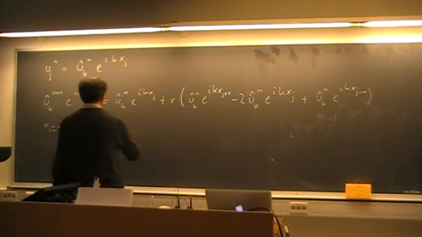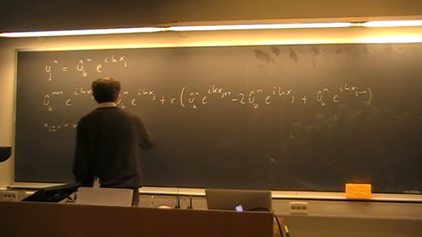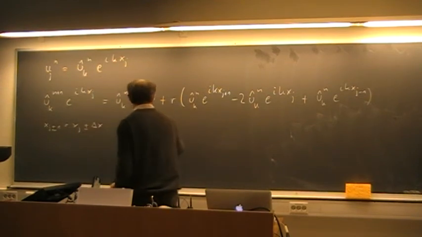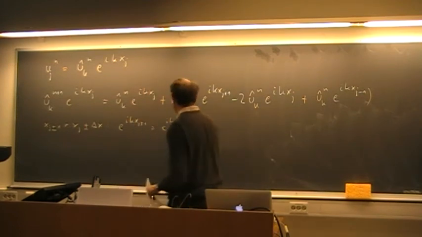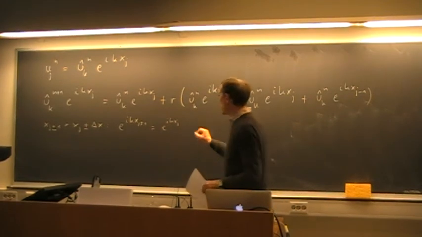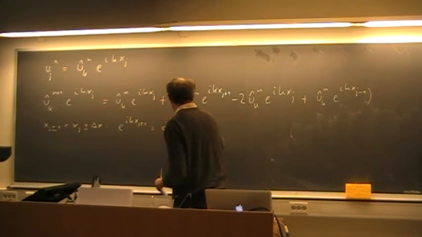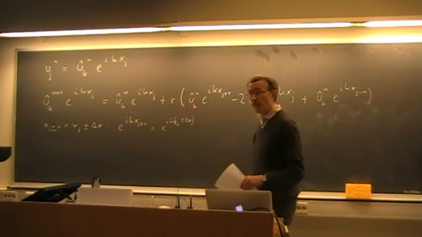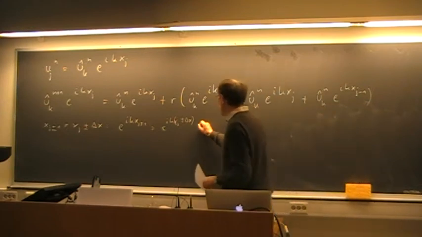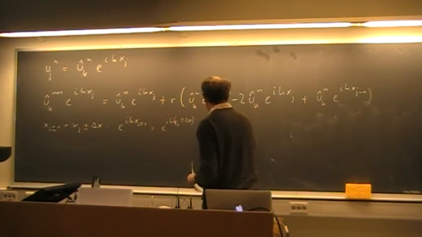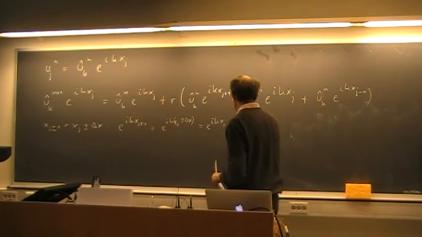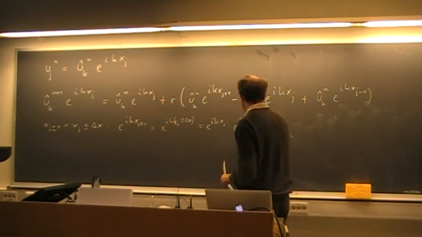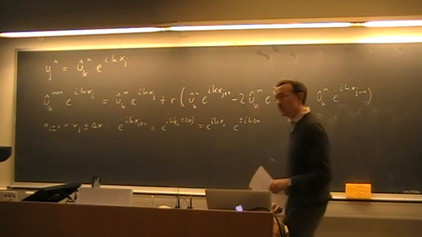And we can also observe that e to the I k xj plus or minus 1 is then e to the I k xj plus or minus delta x. Right? And that we can also write as e to the I k xj times e to the plus or minus I k delta x. Basic rules.